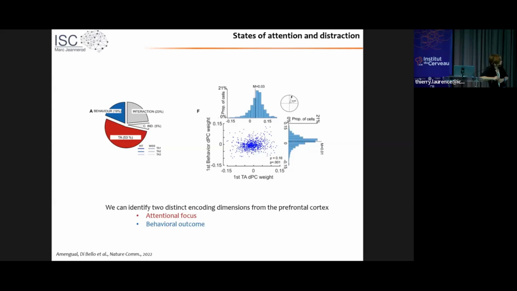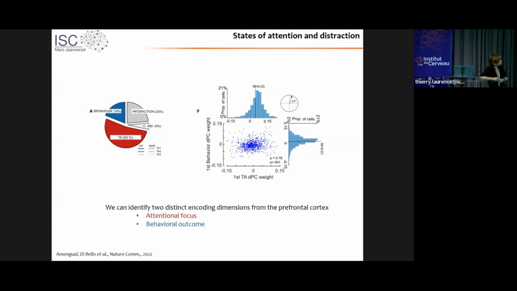And as you can see, we are able to successfully assign part of the variability to attention, a substantial part of variability to behavioral outcome in the task, as well as an interaction term. If I just now focus on these two main terms, what we observe is that if we compute the angle between these two dimensions of coding in the population, the angle is non-orthogonal.